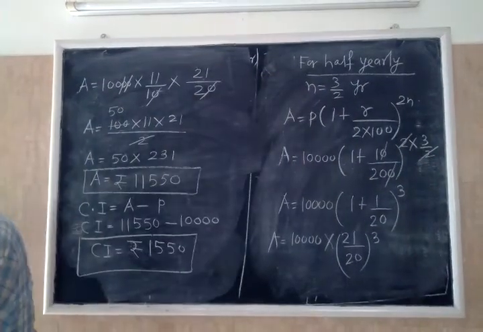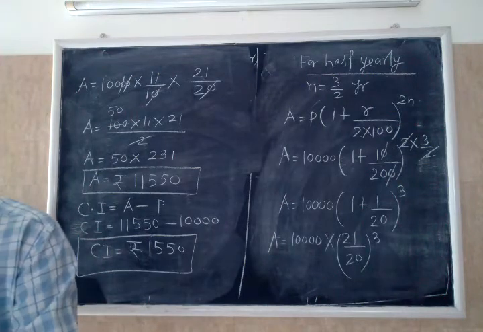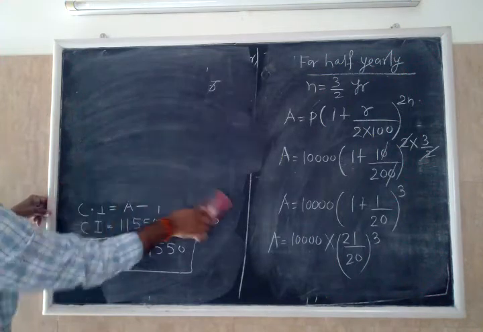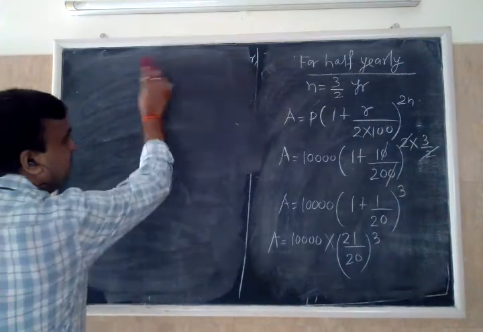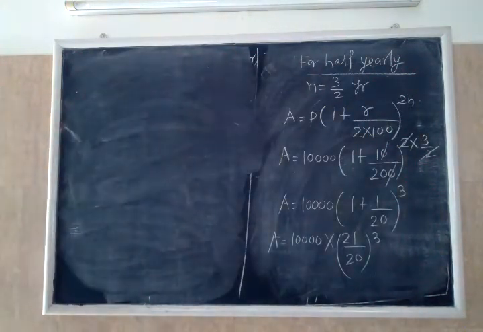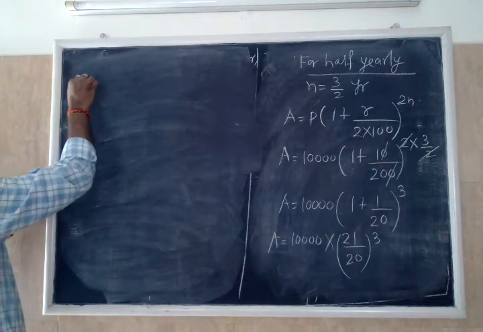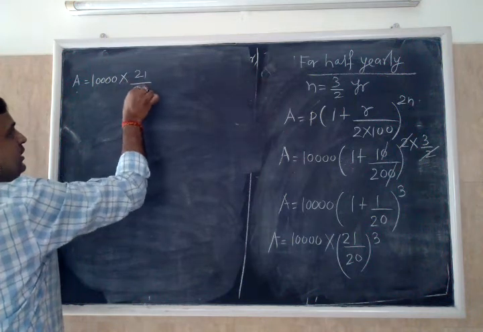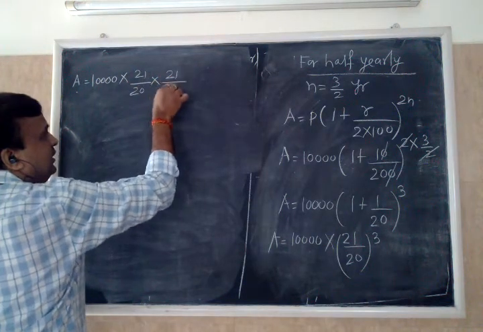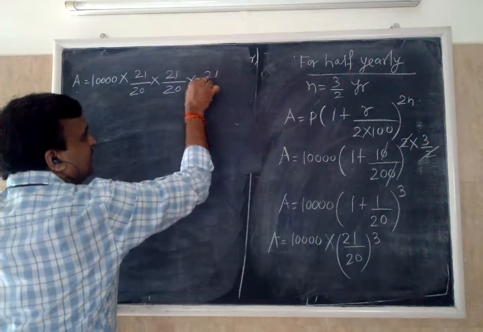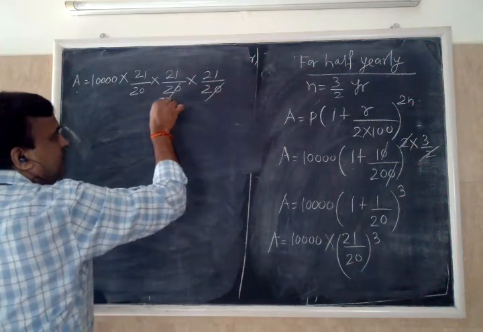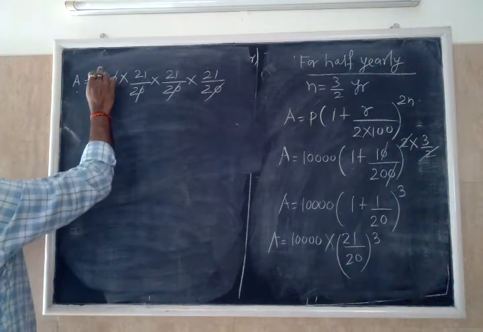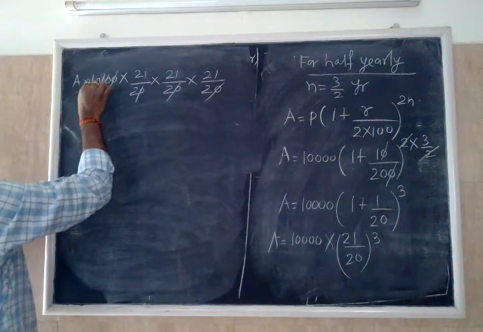Simplify. So A is equal to 10,000 into 21 upon 20 into 21 upon 20 into 21 upon 20. This gets cancelled, this is 10.